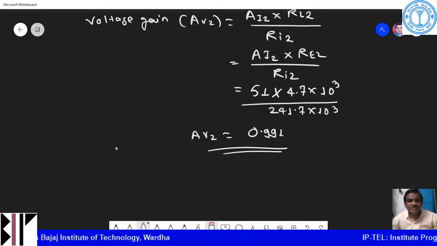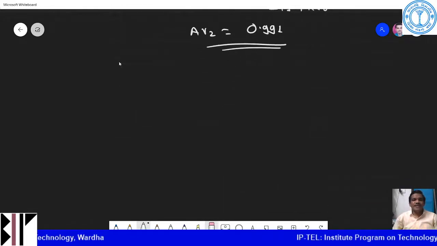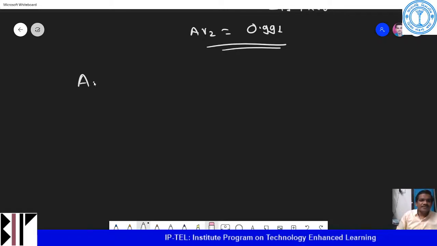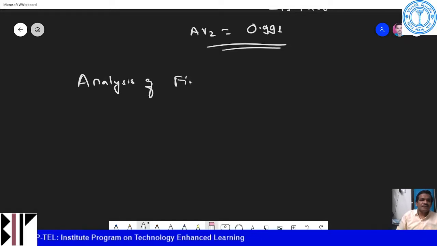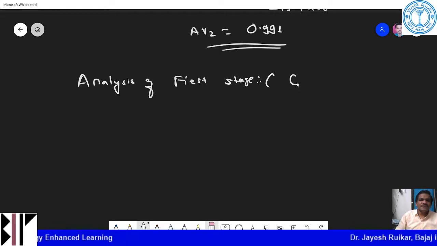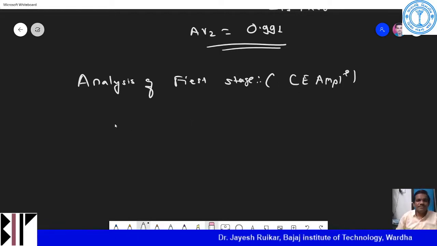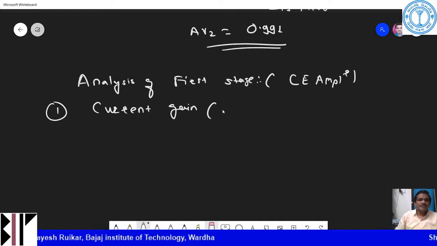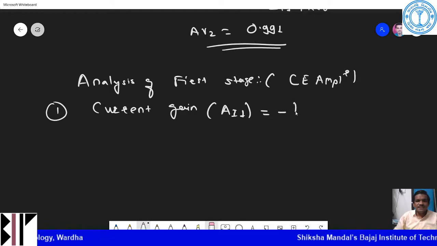Now in a similar way we need to analyze the first stage. Analysis of the first stage, that is my common emitter amplifier analysis. The first one is my current gain. So for the first stage I will call it AI1, which is nothing but minus HFE.